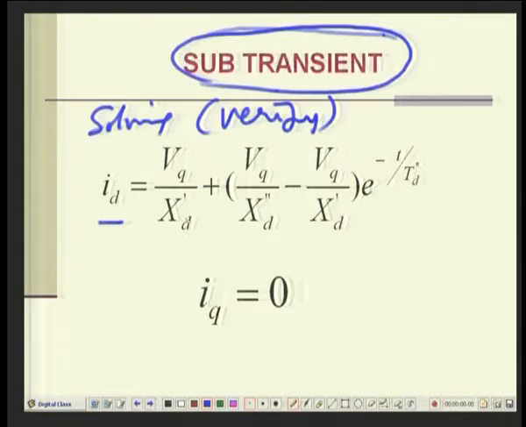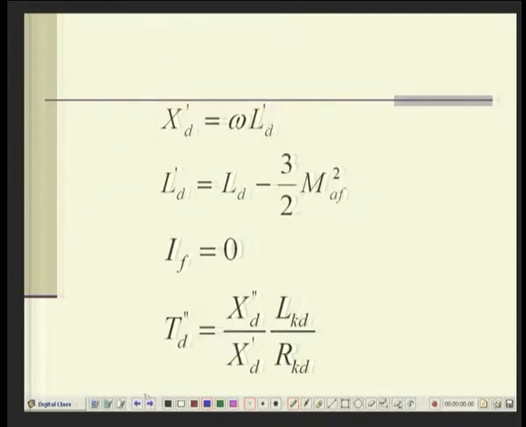You get it like this: ID is Vq by xt dash plus Vq by this term, times e to the power of minus t by tau d dash, and IQ is 0. Now in this case we define xt dash as omega LD dash.